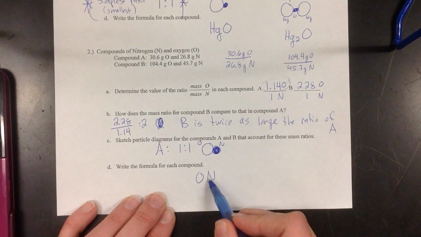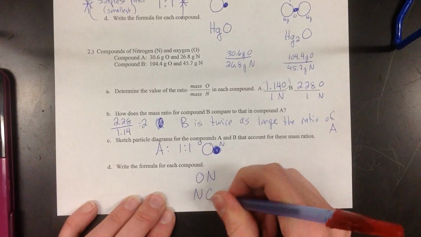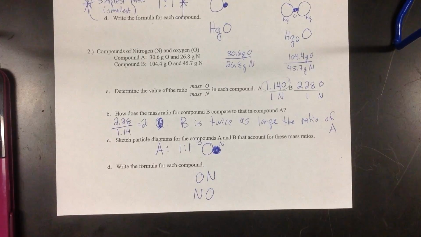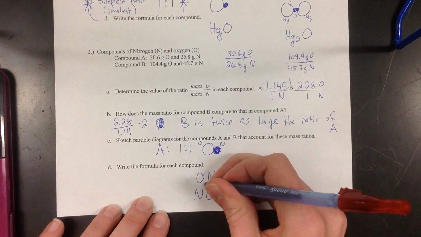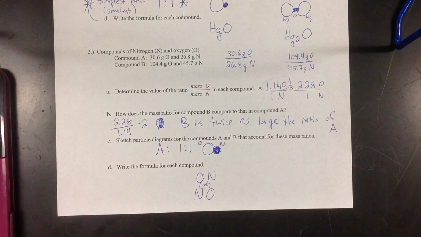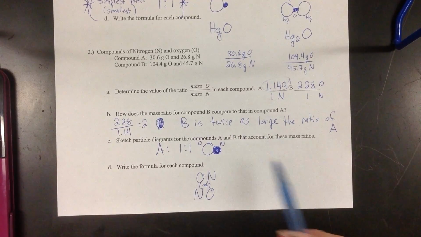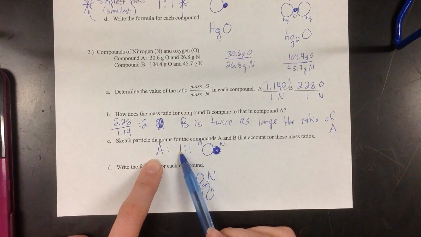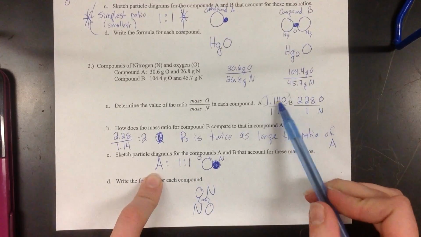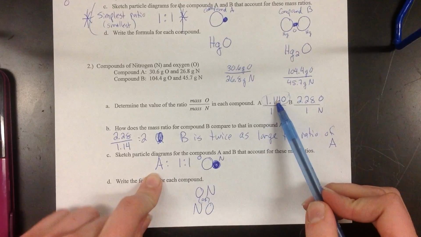We could write it ON or NO. Right now we haven't talked about which order of letters they go in. We'll cross that bridge eventually. Compound A, 1-to-1 ratio because it was the smallest number here.